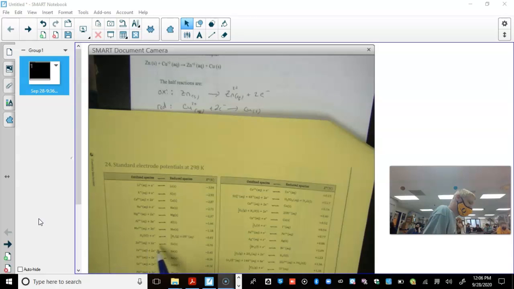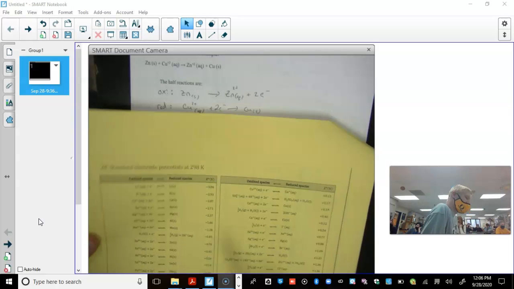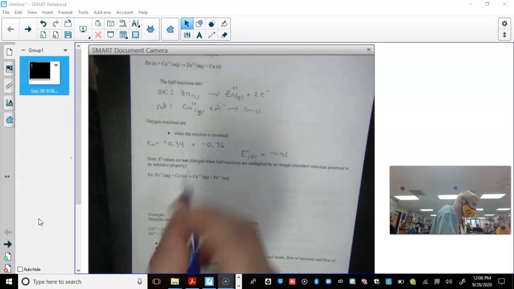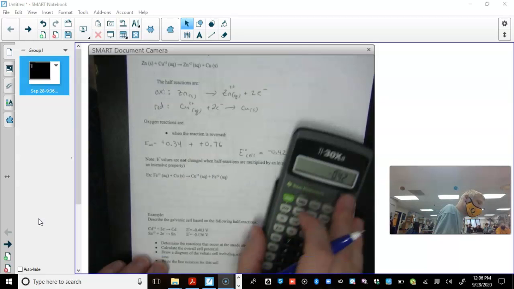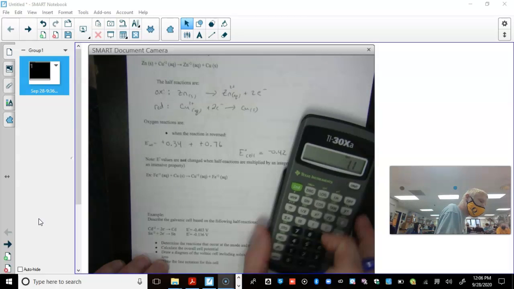If it's written as a reduction but we want to show it as an oxidation, we just flip the charge, 0.76. Your E cell should always be positive. So that changes our value: 0.34 plus 0.76 equals 1.1.